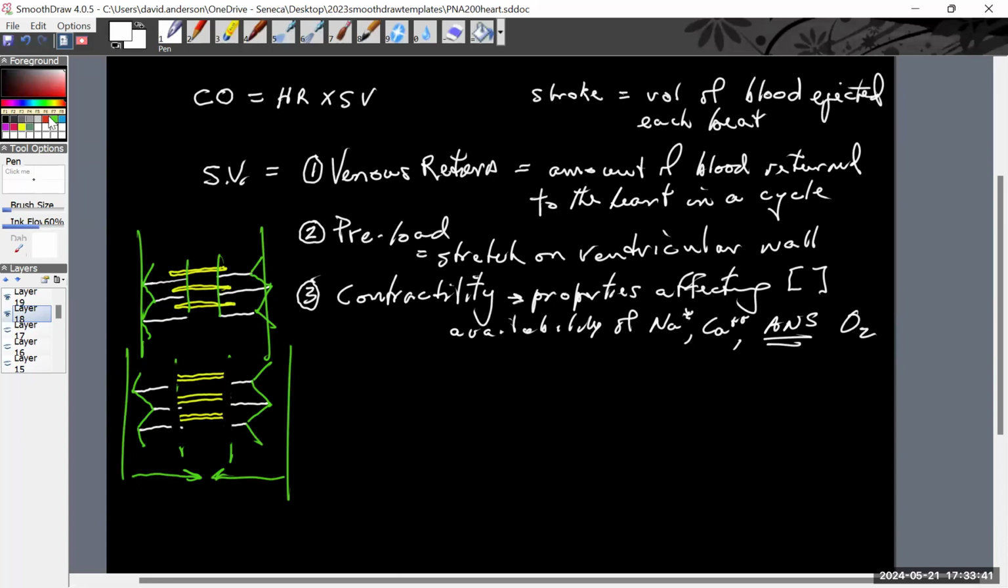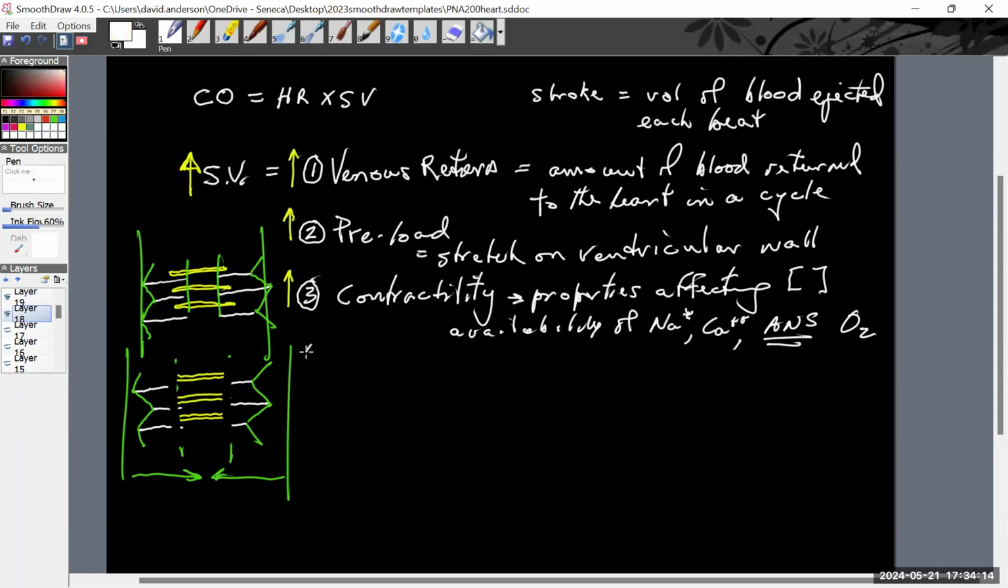So now, watch this. This is sometimes tricky for people. If I say that I want to increase stroke volume, I want to make stroke volume better. To make stroke volume better, the shorter answer is we want to improve venous return, improve preload, and improve contractility.